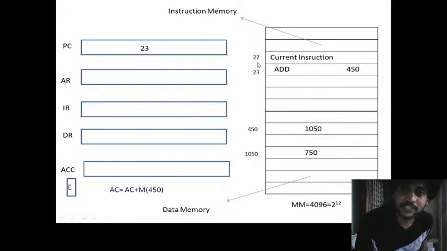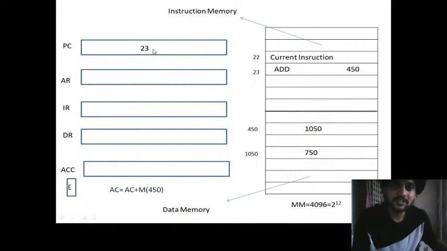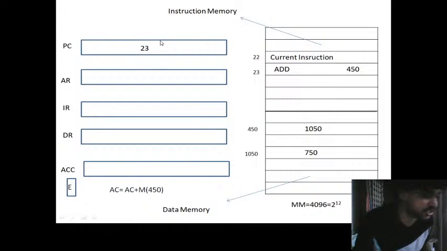The current instruction is 22 and the next instruction is 23. That is, the next instruction address is 23. As the next instruction address is 23, that will be held by the program counter, because the definition of the program counter itself is holding the address part of the next instruction. Fine?